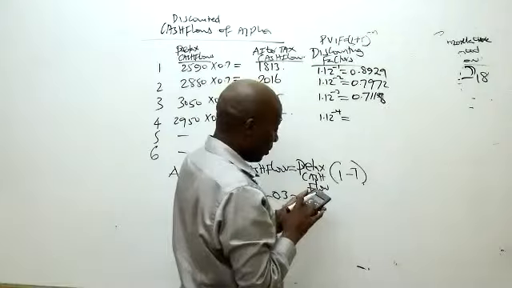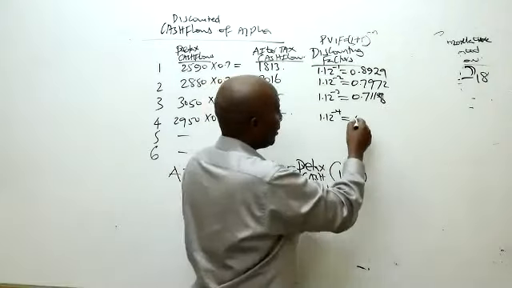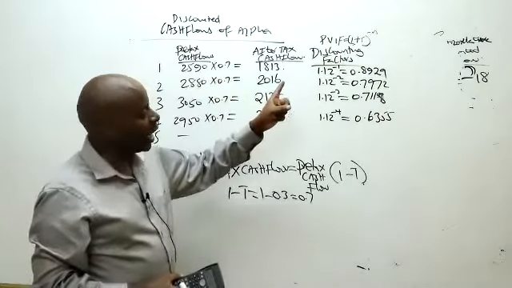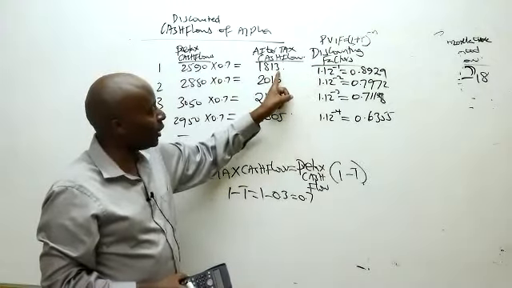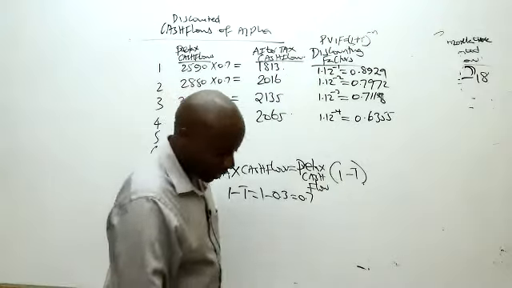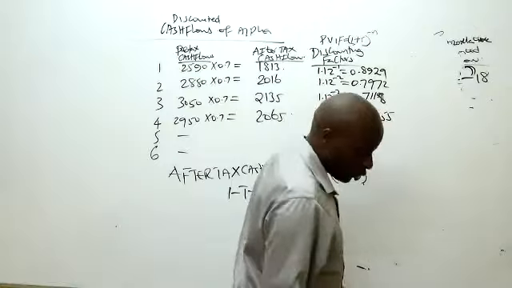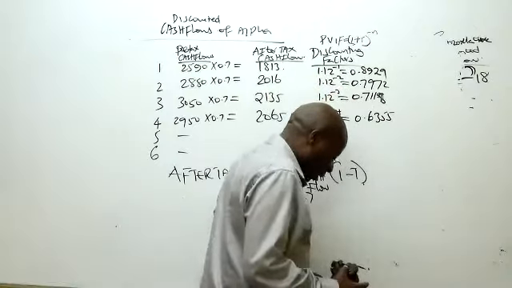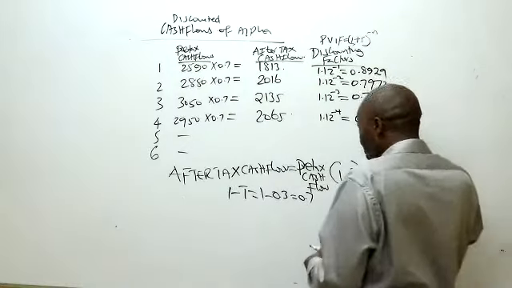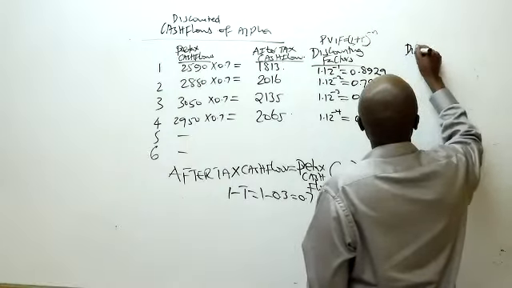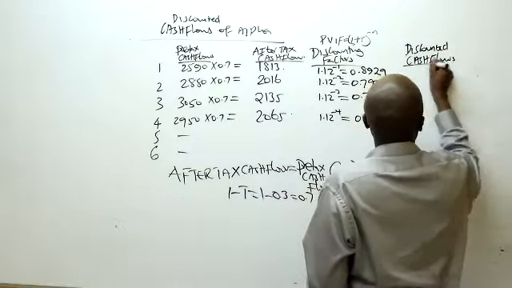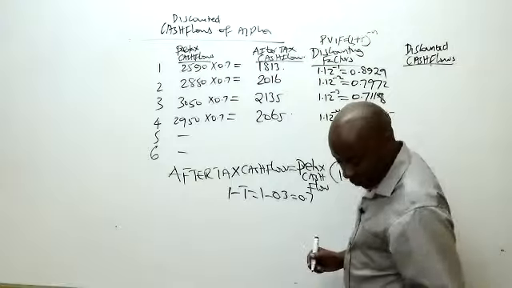And then raised to power 4, what do we have there? 0.6355. Now, once I have my discounting factors, I will move with speed to multiply them with these after-tax cash flows, so that we can get the discounted cash flows.